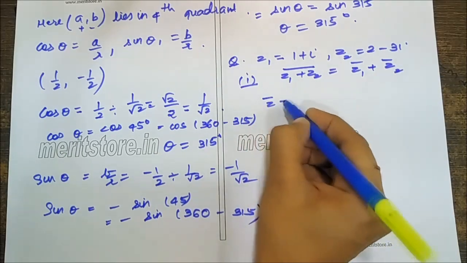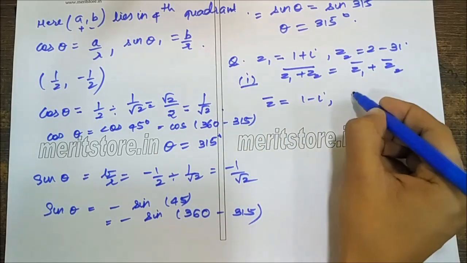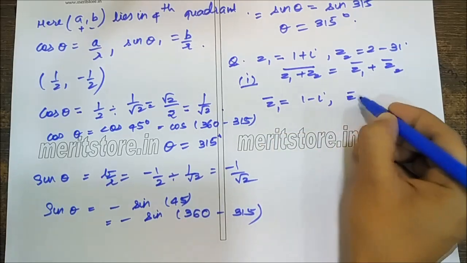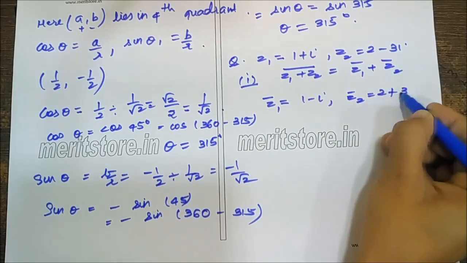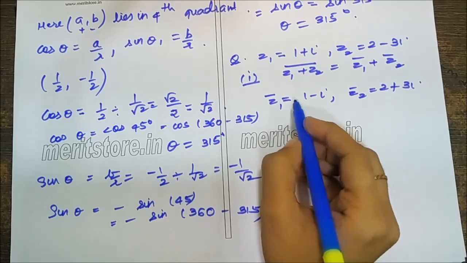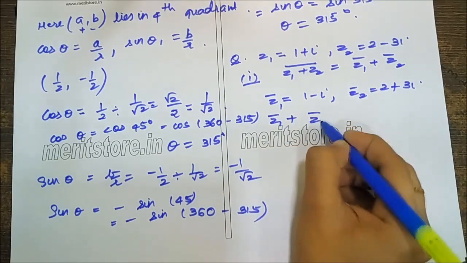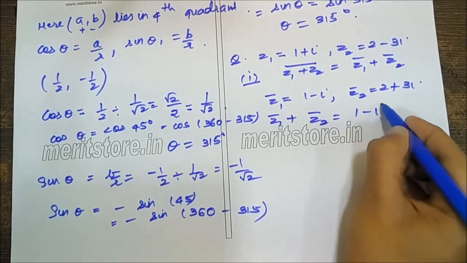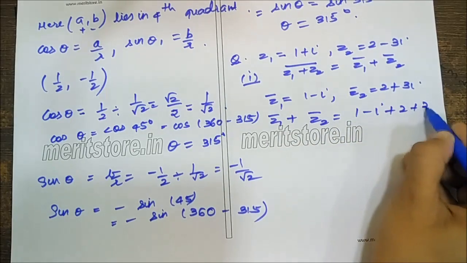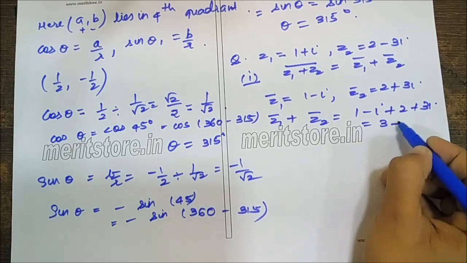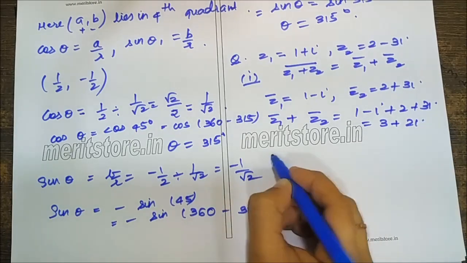Now here the conjugate of z1 is 1 minus i, conjugate of z2 is 2 plus 3i. You have to add both of them. You will get z1 plus z2, that is 1 minus i plus 2 plus 3i, 3 plus 2i.